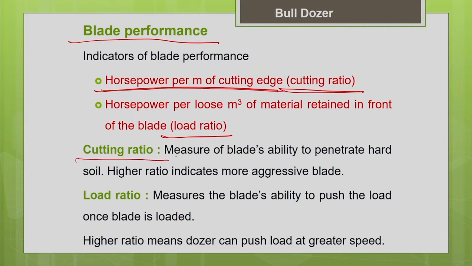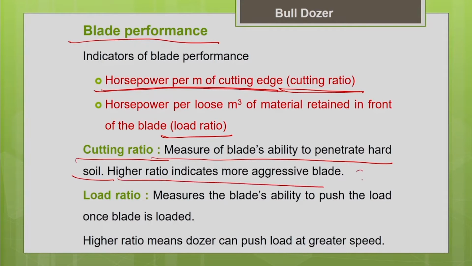Cutting ratio measures the blade's ability to penetrate hard soil and obtain the load. If I say the blade has a high cutting ratio, it means it can easily cut the soil and obtain the load. So even very hard soil conditions it can easily handle if it has a high cutting ratio. So, a higher ratio indicates a more aggressive blade.